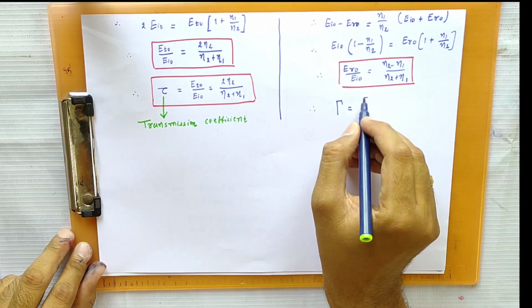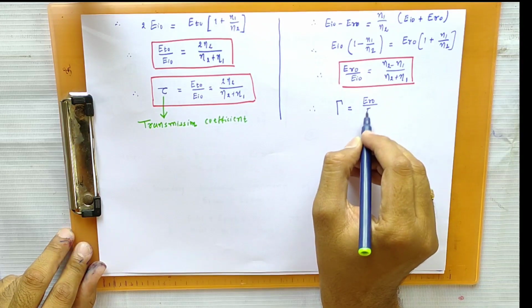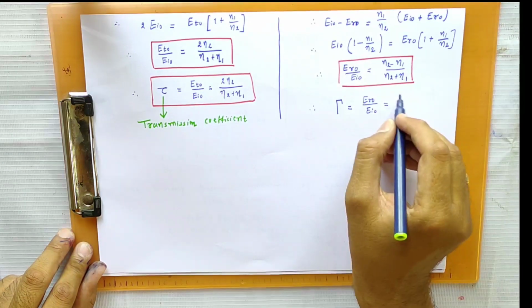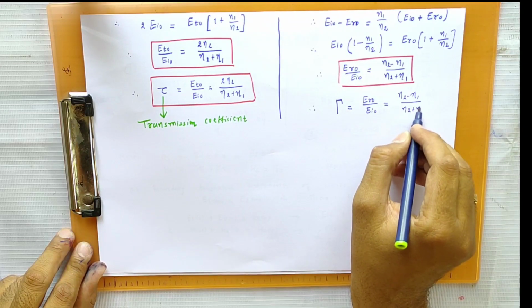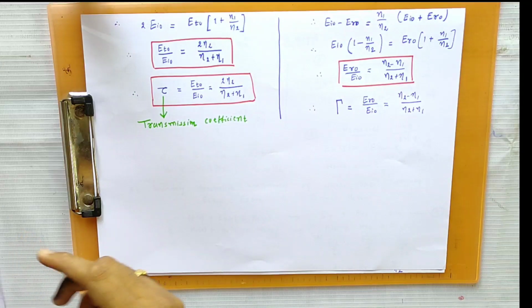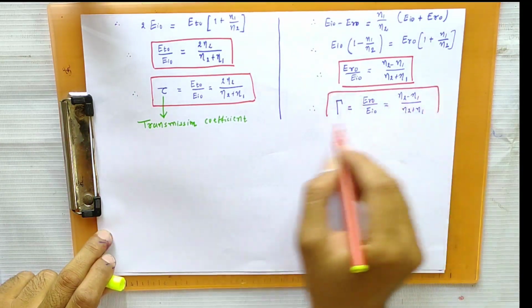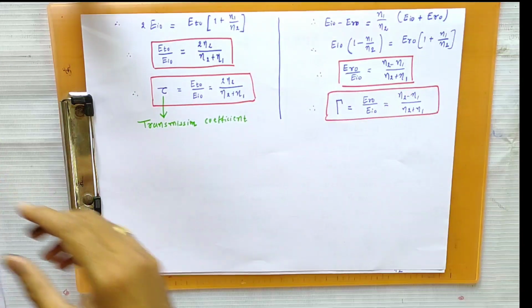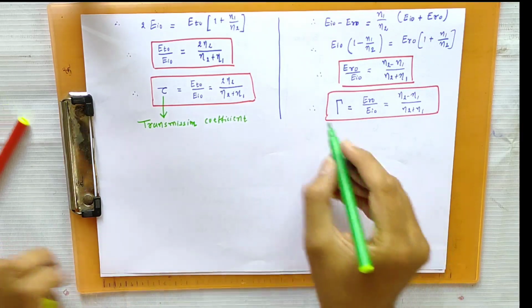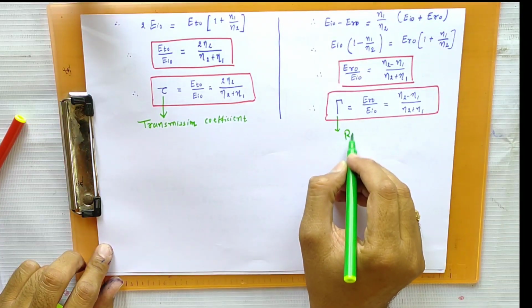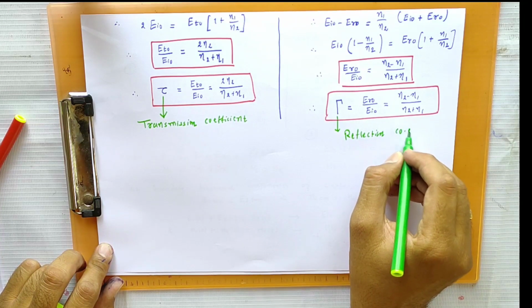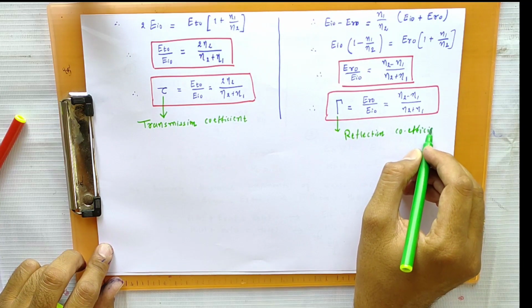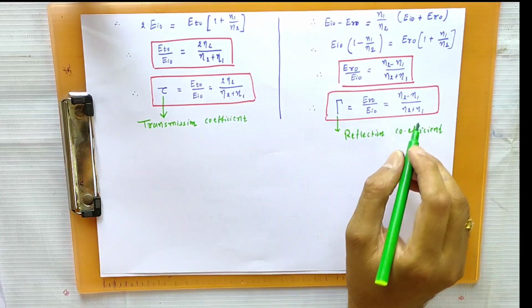So capital tau, Ero by Eio, is equal to (eta 2 minus eta 1) upon (eta 2 plus eta 1). Finally, we have derived the equations of transmission and reflection coefficient.